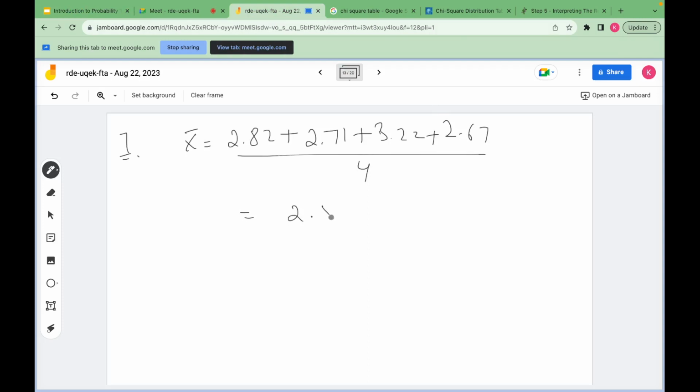This will come out to be 2.85. And mu naught is equal to 2.